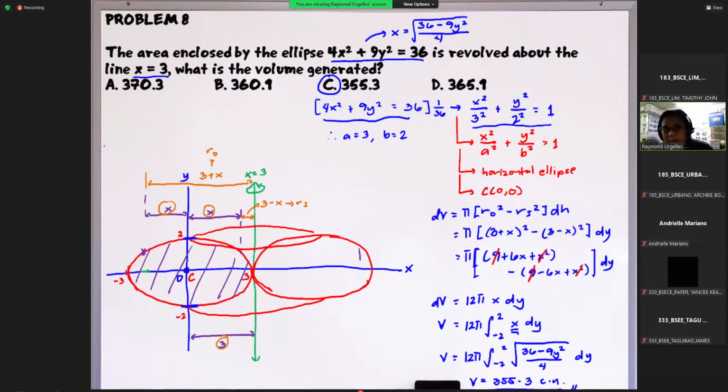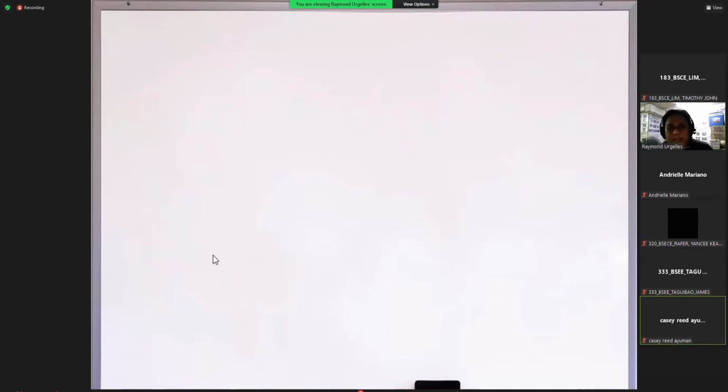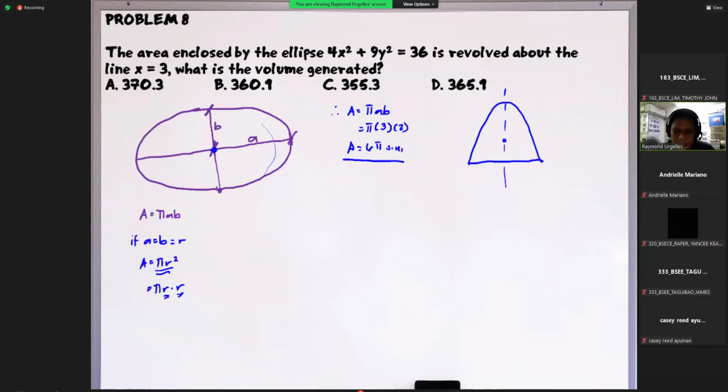So kaya para makuha natin yung C-bar, dun sa Pappus theorem natin, kailangan natin hanapin yung distance nito mula sa axis of revolution. But we know that that is equal to 3 units. So yung C-bar natin is equal to 3 units. So therefore, by Pappus theorem, we will get that the volume is equal to area multiplied by 2 pi C-bar.